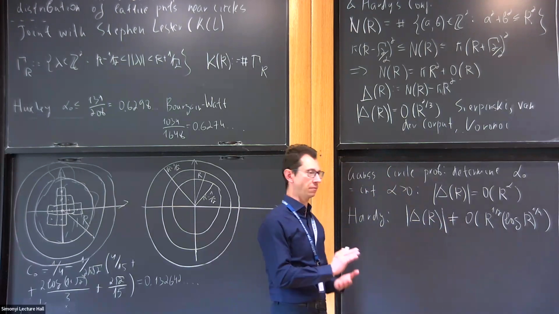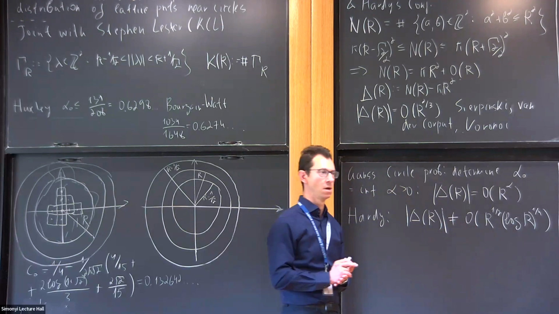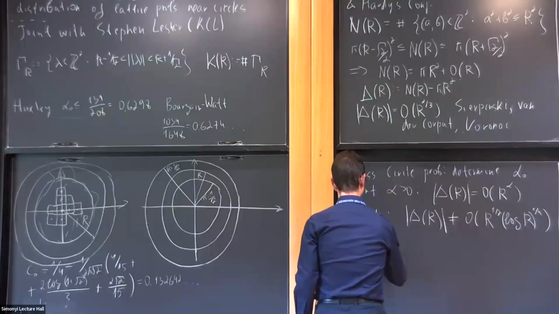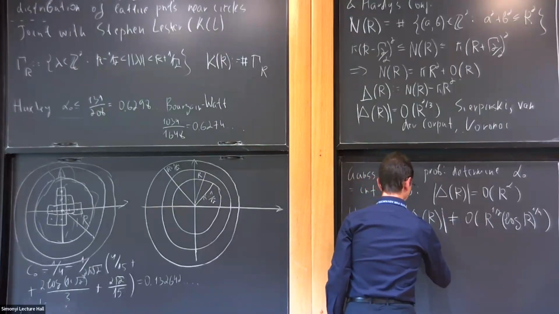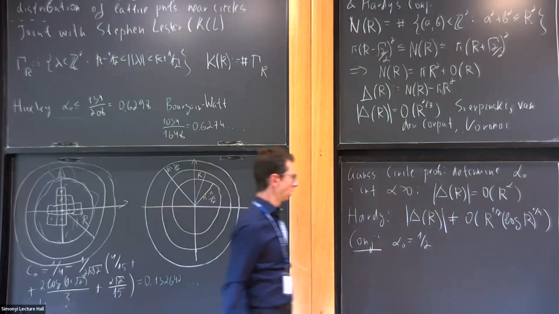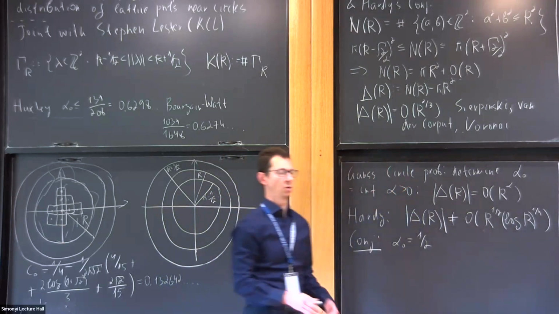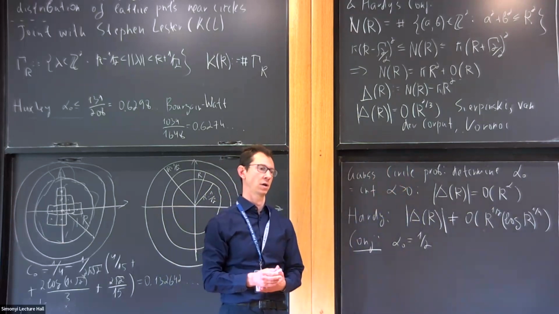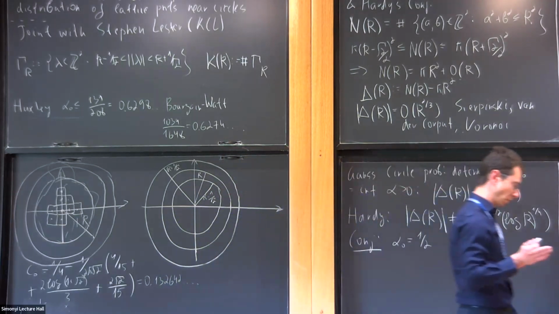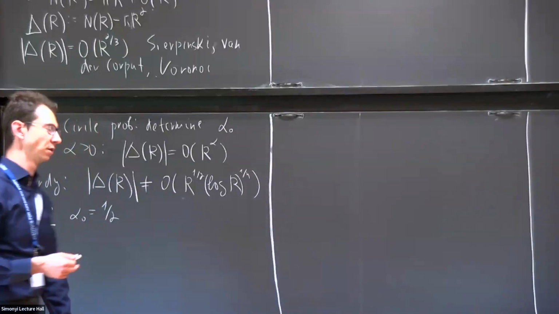He did it, in fact, for both plus and minus with different powers of log. And he conjectured that alpha naught equals precisely 1/2. Since Hardy, this lower bound was refined for rare sequences by Hafner and Soundararajan, who improved and beat this result by some powers of logs.